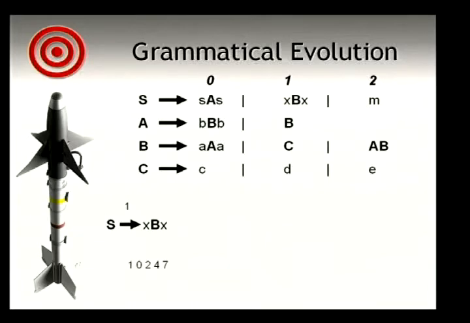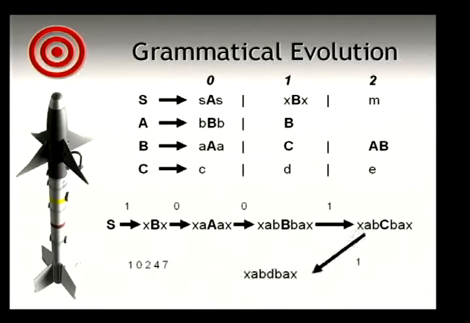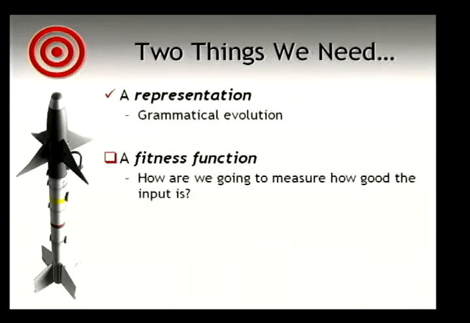So we substitute X with the first production rule. 0 mod 3 is 0. And 2 mod 2 is 0. And we continue down the string until we reach the end, and now we have a string in the language.